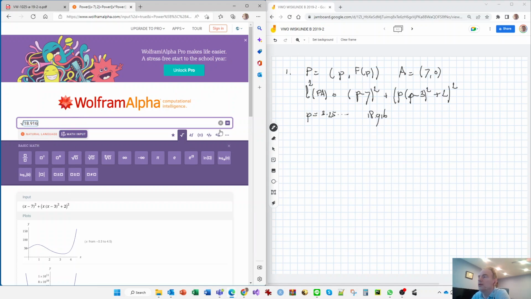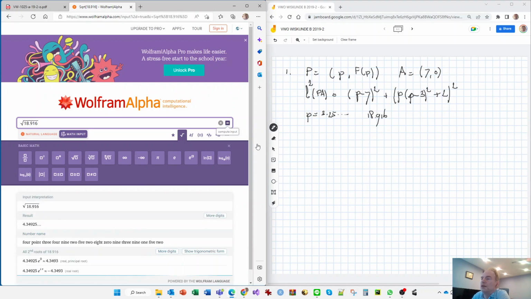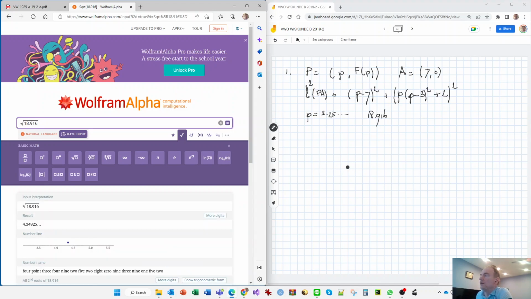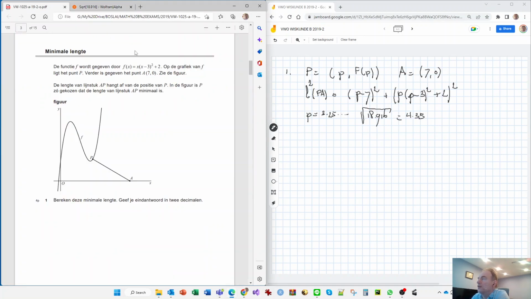There we are. So the square root of this is 4.35. What did I say? 2 decimals, right? Okay, so this is then the answer.